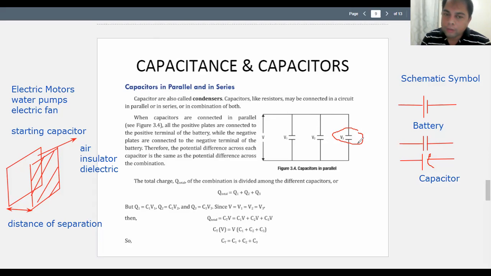I can simply add or remove any capacitor without affecting or cutting the flow of charges in the circuit. That's one thing that we see with parallel connection.